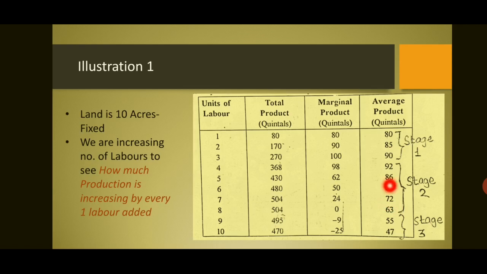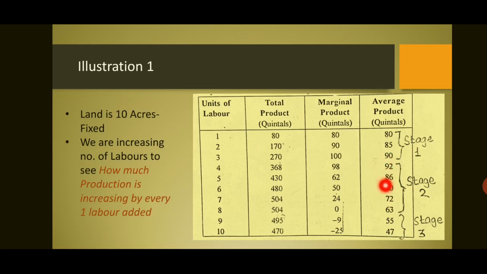Because here we will see that in the first 3 labor our average production is increasing, right? But after the third labor, as soon as we have added the fourth labor, the average production is declining.